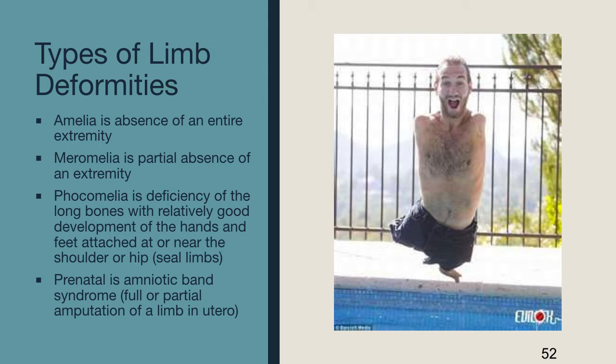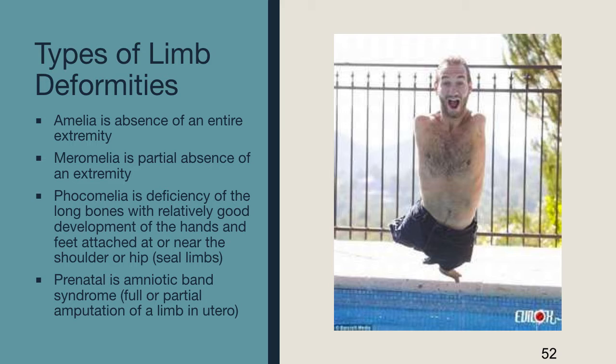Other types of limb deformities: amelia is an absence of an entire extremity. Meromelia is a partial absence of an extremity. Phocomelia is the deficiency of the long bones with relatively good development of the hands and feet attached at or near the shoulder or hip.